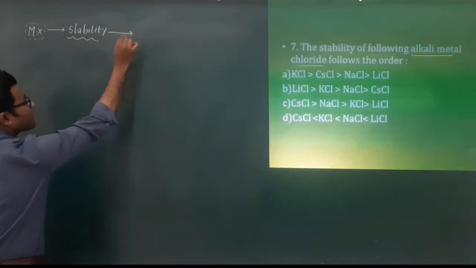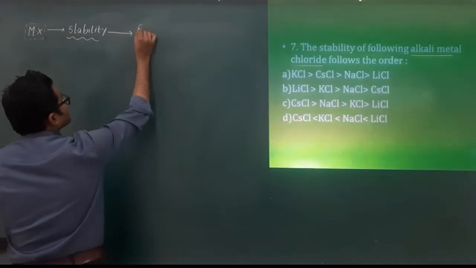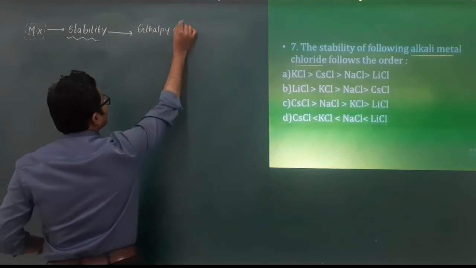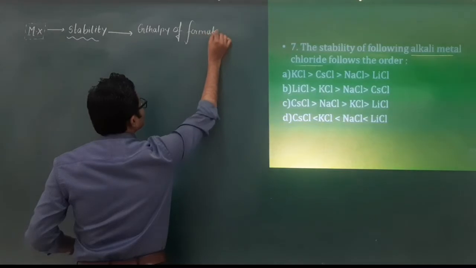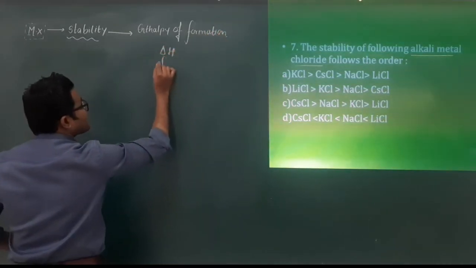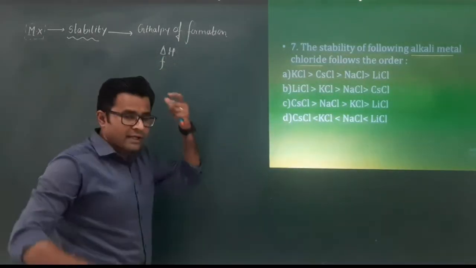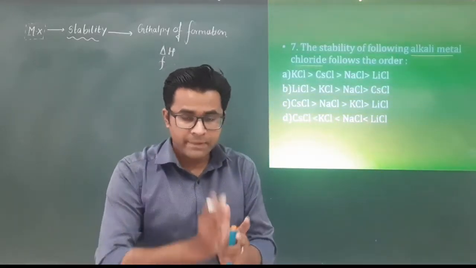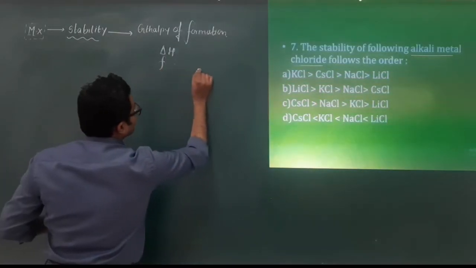directly depends upon one important aspect, and that is the enthalpy of formation, which we represent as delta HF. You are going to study this in detail in the chapter called thermodynamics.